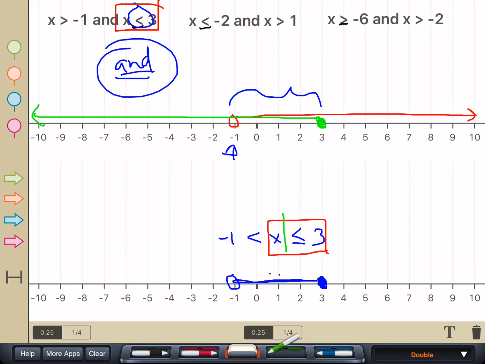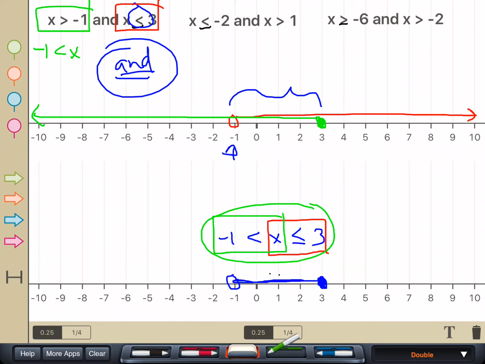This part of the inequality is a flip of what we have written over here. All we've done is flip it around and write it like that. They're the same thing, but then we fuse them together into one compound inequality. Okay? So that's how we would graph that one.